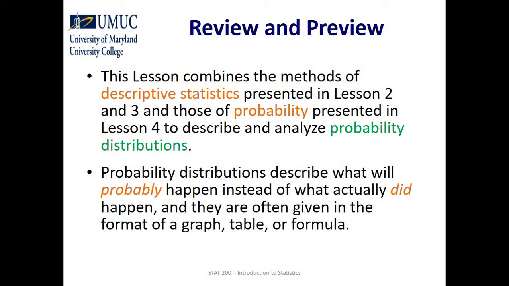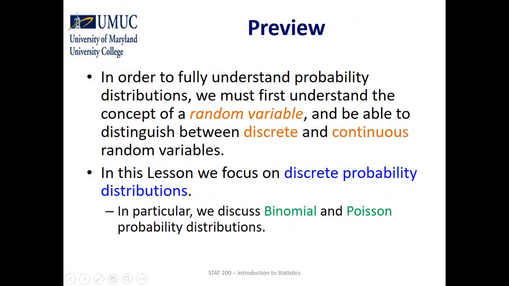Probability distributions describe what will probably happen instead of what actually did happen. That's what descriptive statistics do. So, descriptive statistics summarize data, summarize something that happened. Probability distributions talk about what probably will happen. They are often given in the format of a graph, a table, or a formula.